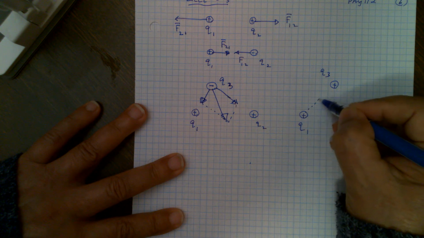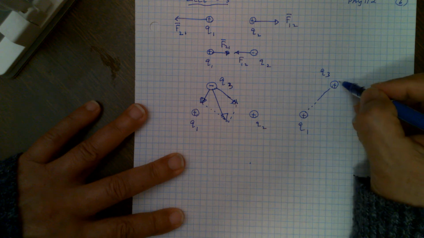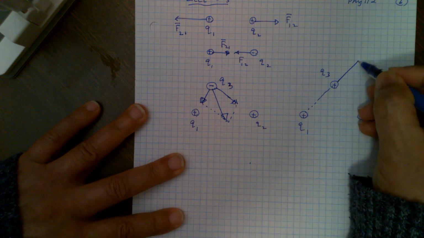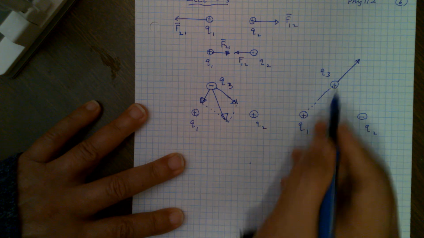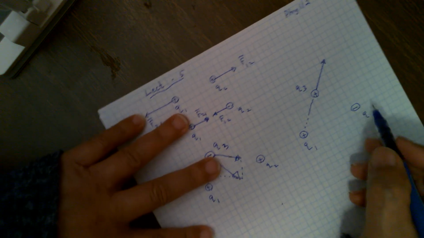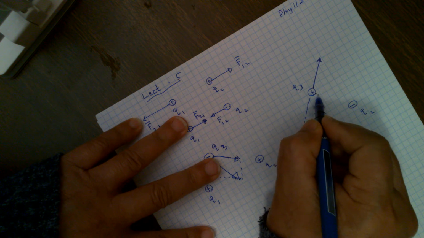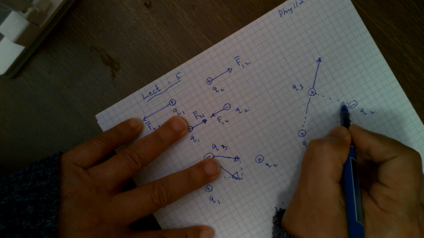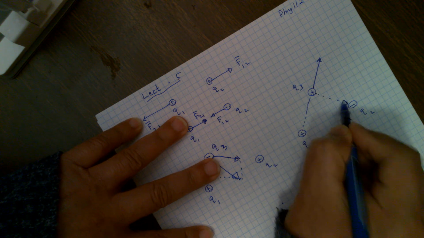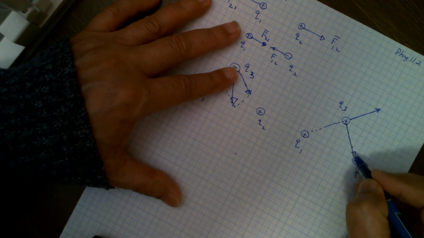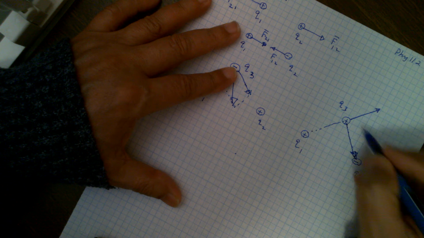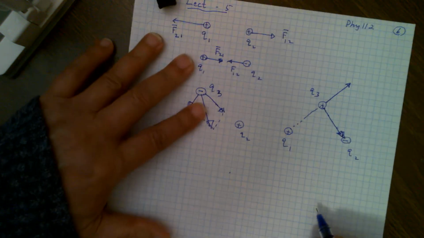This is positive, this is positive. So the force of charge number 1 on charge number 3 will be in that direction. But this is negative, this is positive, so it will be in that direction. So what will happen is there will be 2 forces. One is this direction, one is this direction.